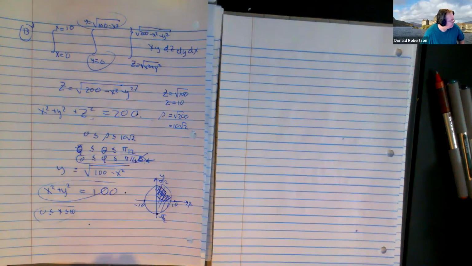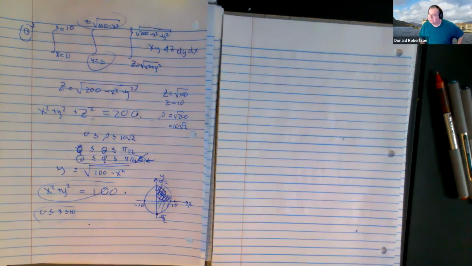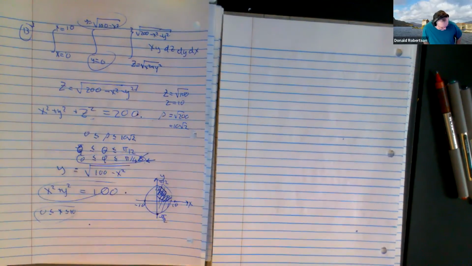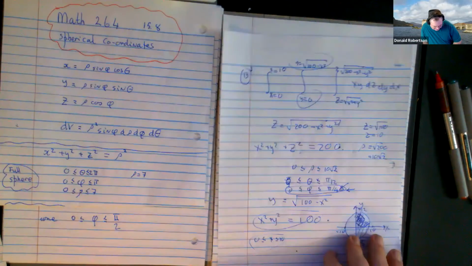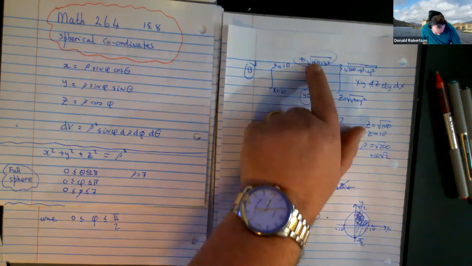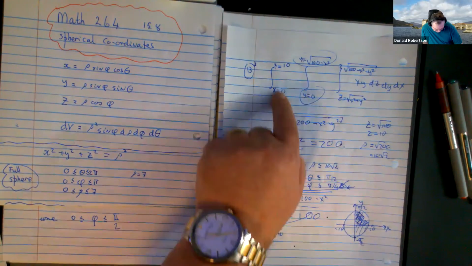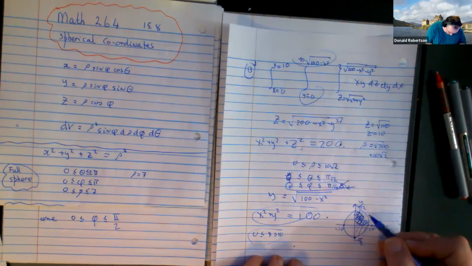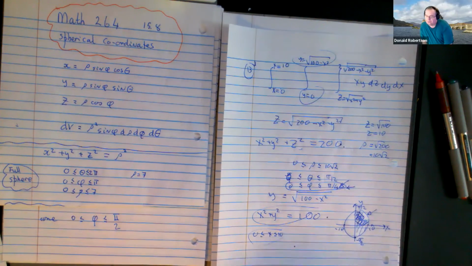And then why wouldn't that make theta 0 to pi over 2? It should. And it does. Right. Okay. So y equals 0 to there and x equals 0 to 10 generates that little quarter.